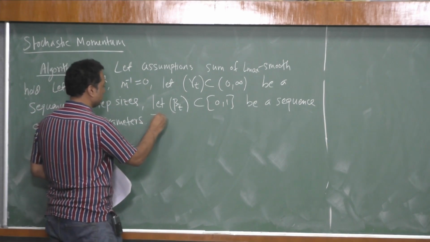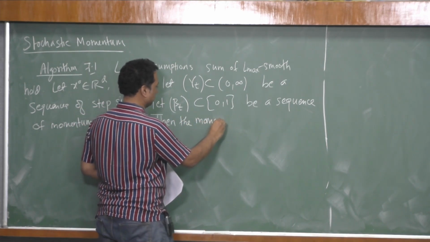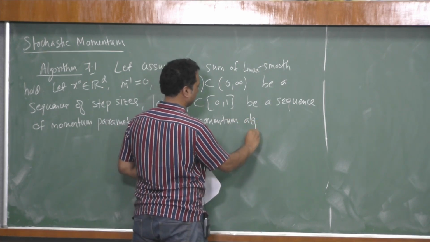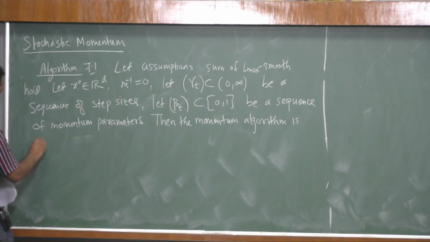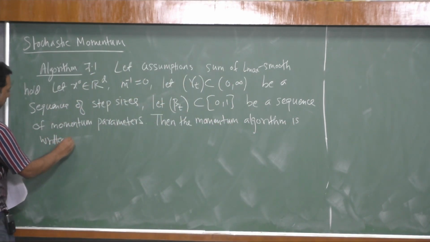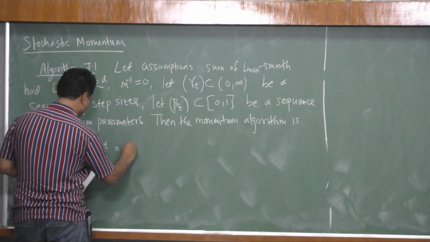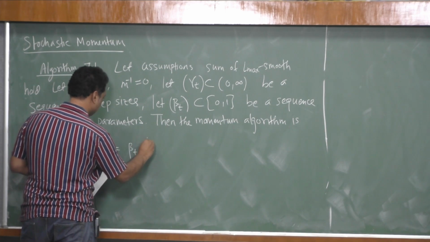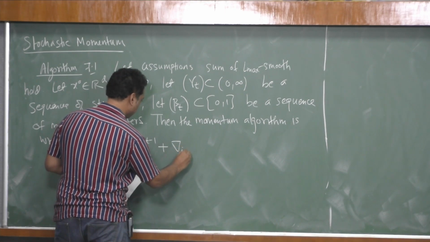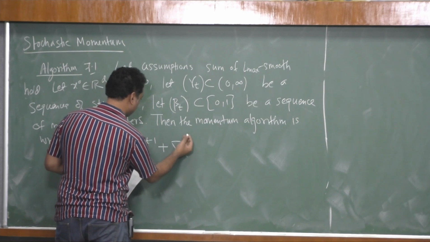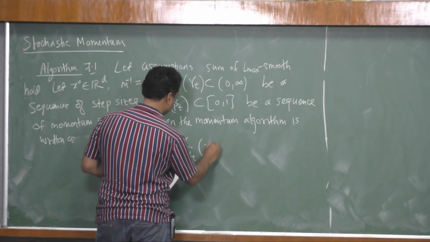Then the momentum algorithm is written as m t equals beta t m t minus 1 plus grad of f i t at x t.